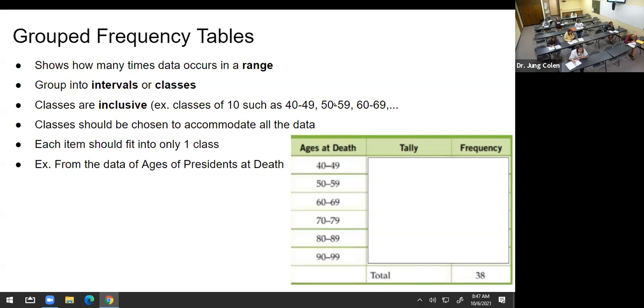Who died the youngest? James Garfield? Looks like, right? 49. He died at 49. And who lived the longest? Right?